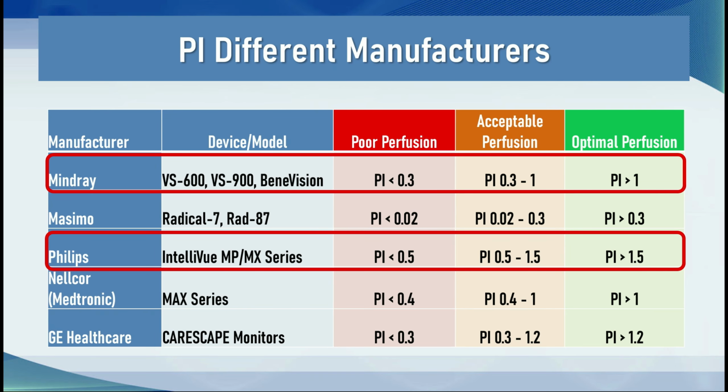Note that these numbers are very different. For Mindray, if the perfusion index is less than 0.3, that's considered poor, and greater than 1 is considered optimal. Conversely, for Philips monitors, if the PI is less than 0.5, that's considered poor, and if it's greater than 1.5, that's considered optimal.